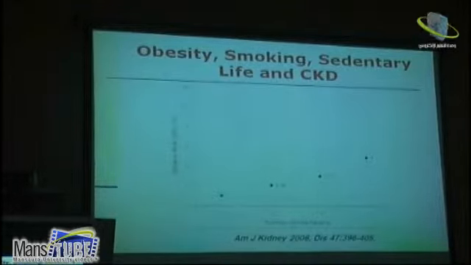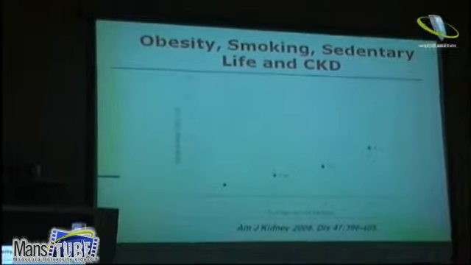But that is what we don't know, Hussein. We don't know if we exercise more, we will have less kidney disease. We don't know if we don't smoke, we will have less. We know of the association, but there's no evidence at all showing that if we exercise more, we will have less kidney disease in 10 years' time.